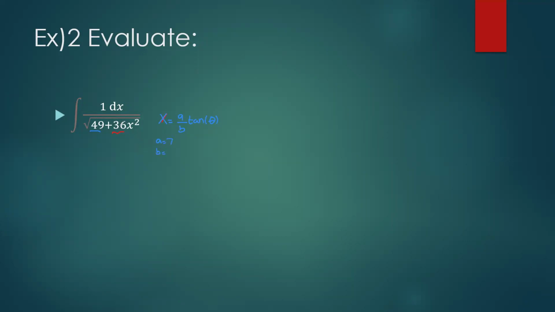And our b value is 6 because 6 squared is 36. So we figure out a and b, so x equals 7 over 6 tan theta.